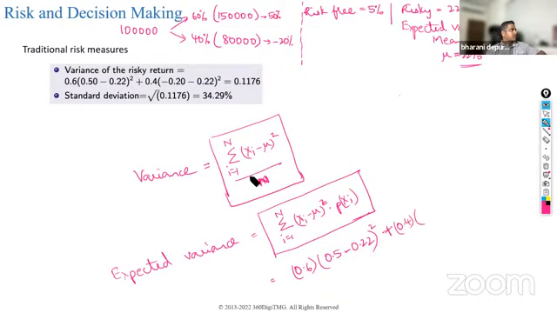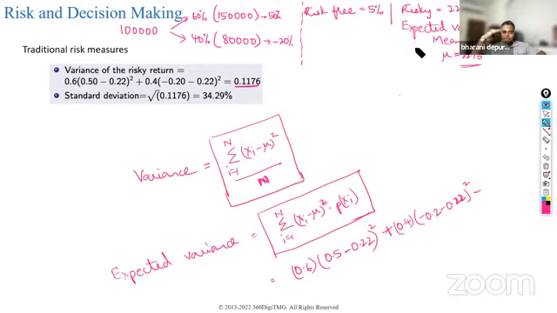This time Xi is minus 20%, so minus 0.2, minus mu, the expected value 22%, 0.2, whole square. When you solve it, you get this. This is the variance of your risky asset.